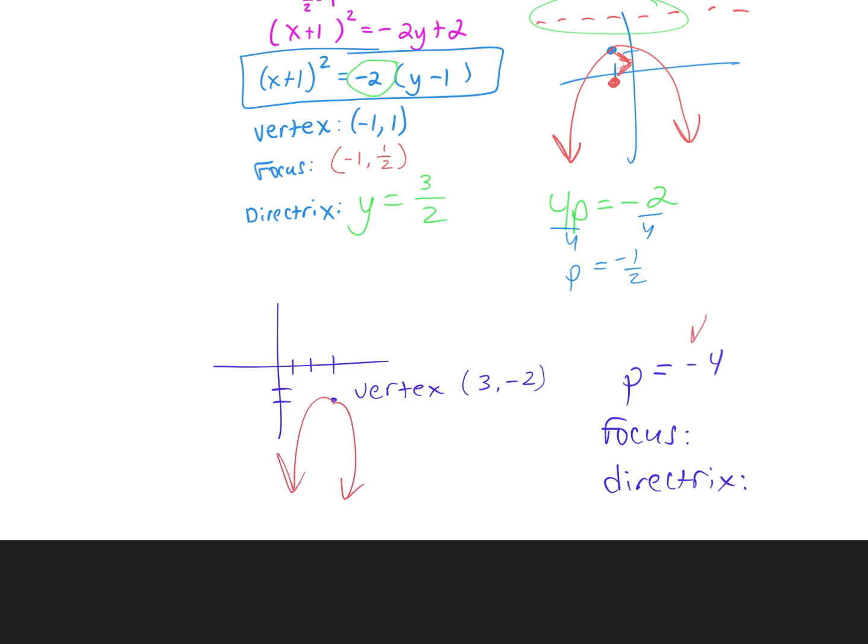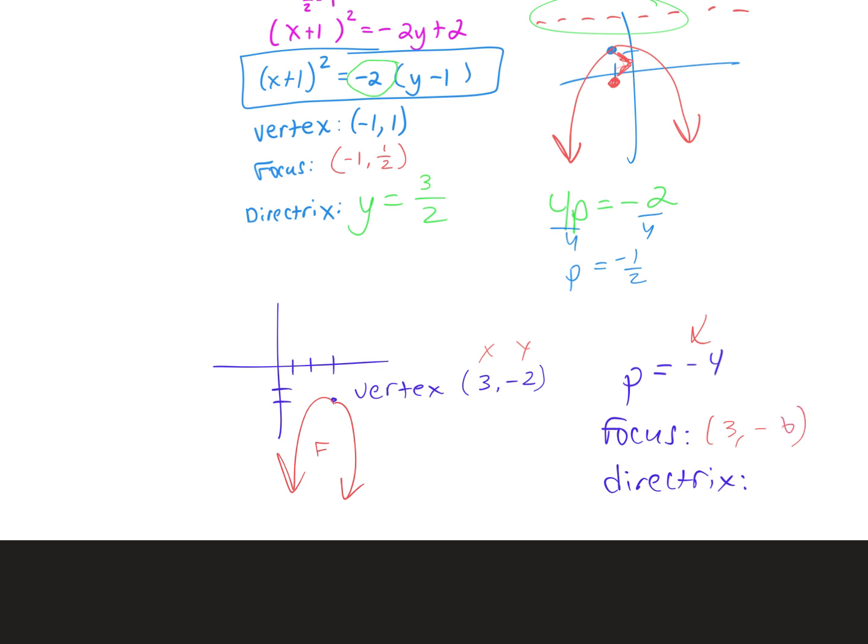Right, since this value is negative. Your focus is going to be inside the parabola or outside the parabola? Inside the parabola. So what are you going to do with this point here? This is my x, this is my y. Where is your focus? Your focus is at 3 comma what? Negative 6. How'd you get that?